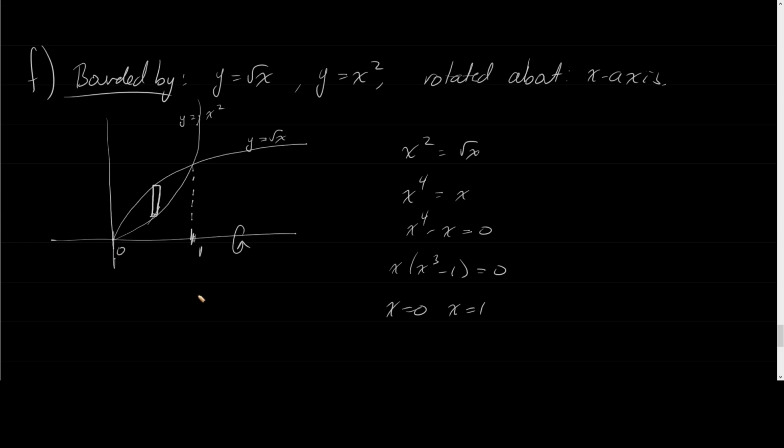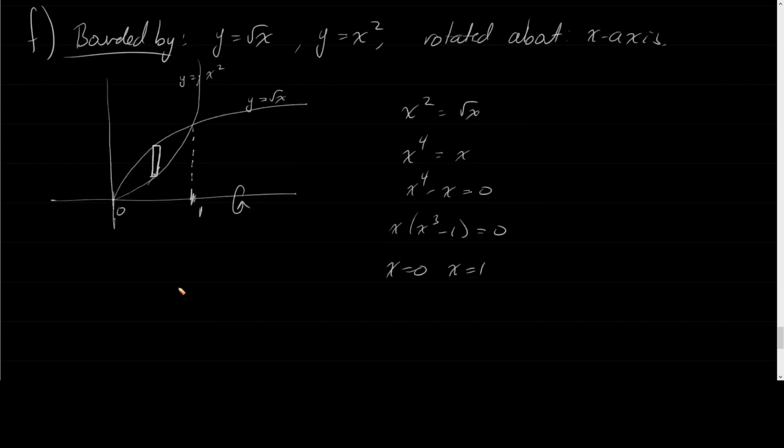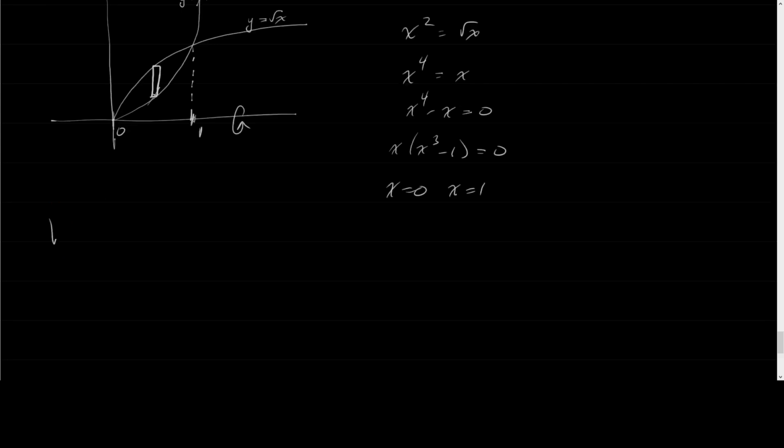Okay, 0, 1. Cool. Now, the next thing we're going to do here is say, well, what should our setup be, right? And, well, we're going to say the volume is going to be pi times the integral from a to b of big radius minus little radius, and each of these pieces squared.